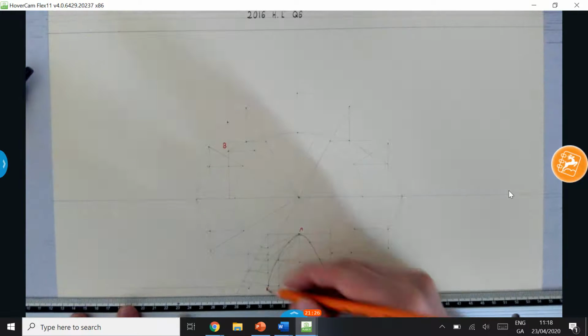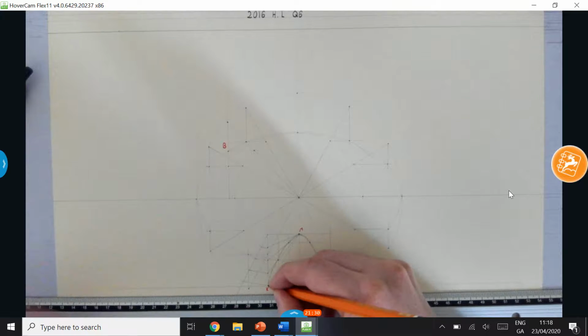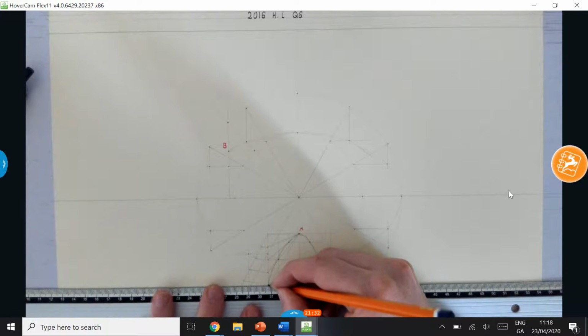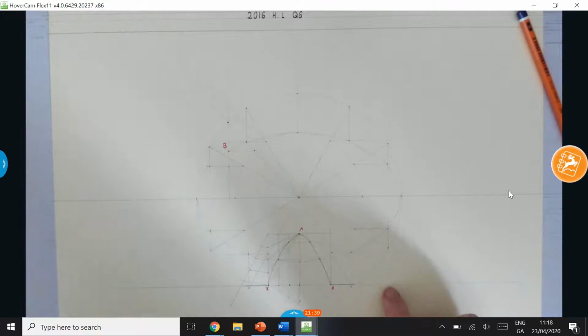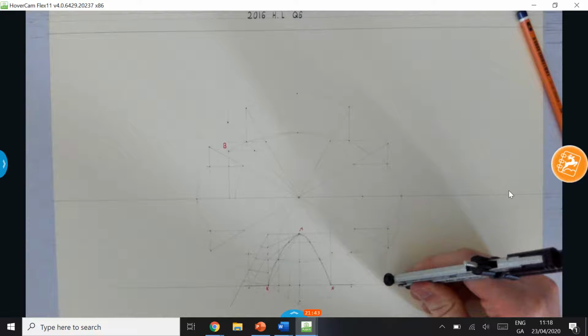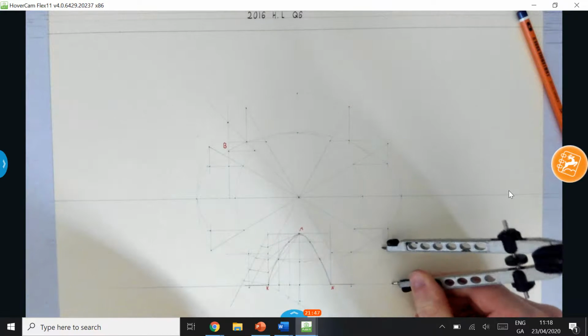And from K we can draw a firm line across 20 mil as well. We have 2 points out here at radius 55. And we can just swing a construction line arc.